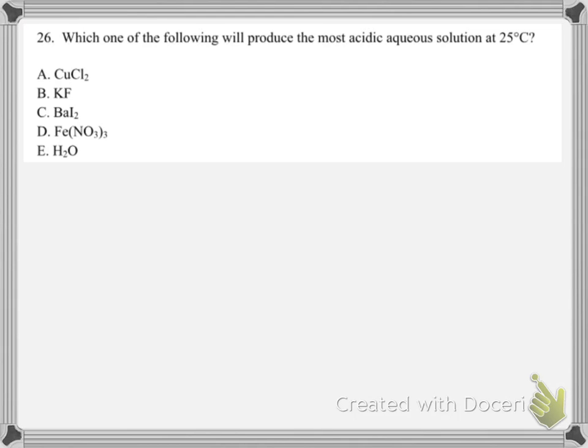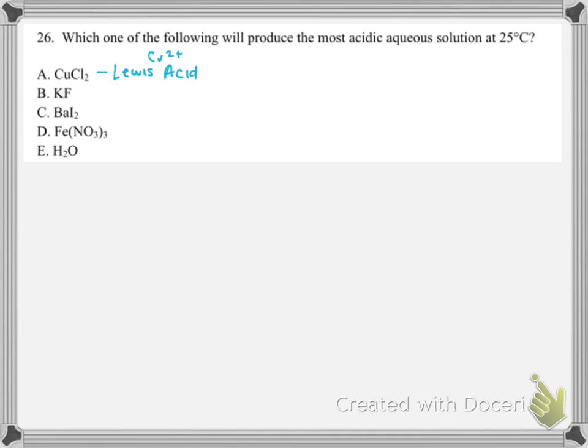Okay, for number 26, I'm going to pick the solution that will have the most acidic aqueous environment. So let's go through and classify each option first. Copper chloride. Here we have a transition metal that's capable of accepting an electron pair. So this is going to be a Lewis acid, the copper ions.